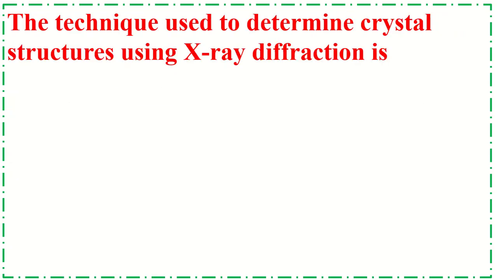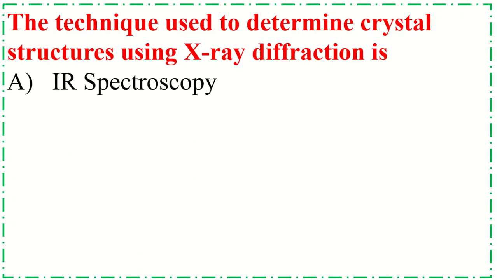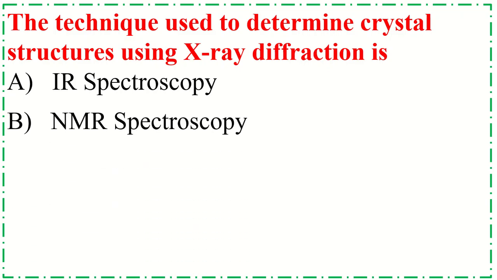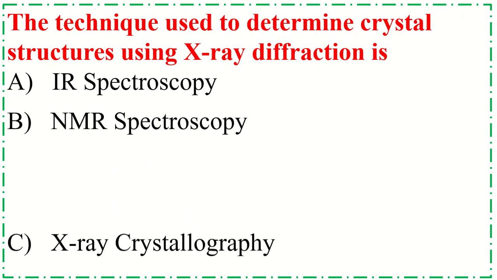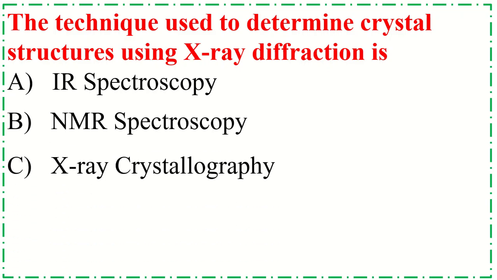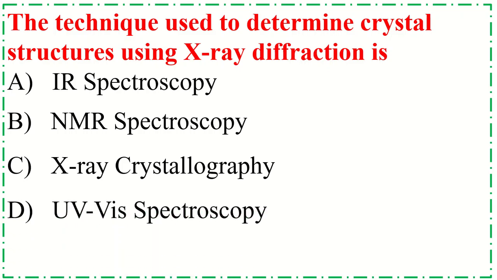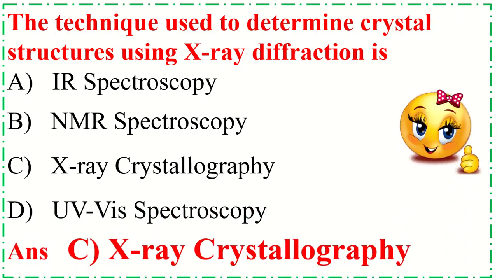The technique used to determine crystal structures using X-ray diffraction is: option A, IR spectroscopy; B, NMR spectroscopy; C, X-ray crystallography; D, UV visible spectroscopy. Correct option is C, X-ray crystallography.